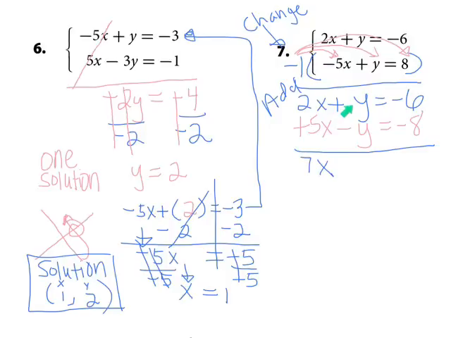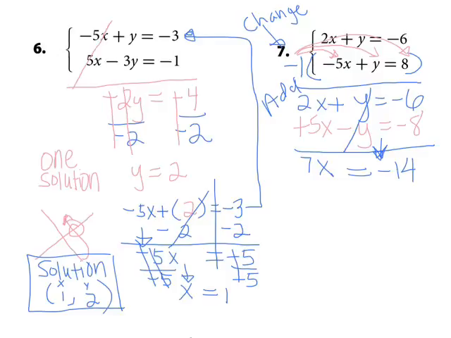And y, take away y, actually makes our y's cancel out. That's eliminating one of the variables. I'm going to bring down the equal sign. And then if I owe 6 of whatever it is, and I owe 8 of whatever, then now I owe 14.